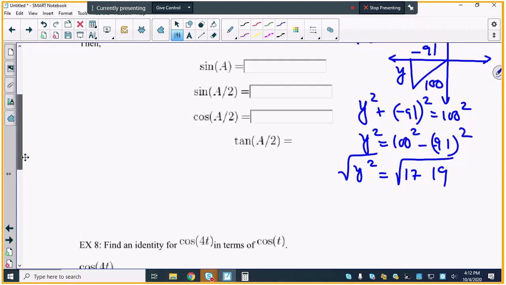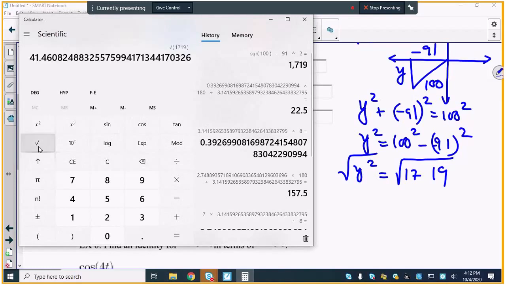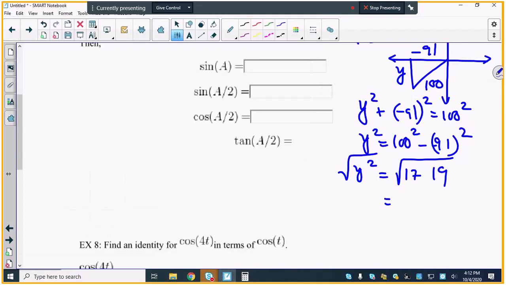Remember, y is going to be negative. So first you will get absolute value, and then you will take the negative answer. So rounding to 4 decimal places, that's 41.4608. And that is my y. I would have absolute value, but I have to take the negative answer for y because I'm in the third quadrant.